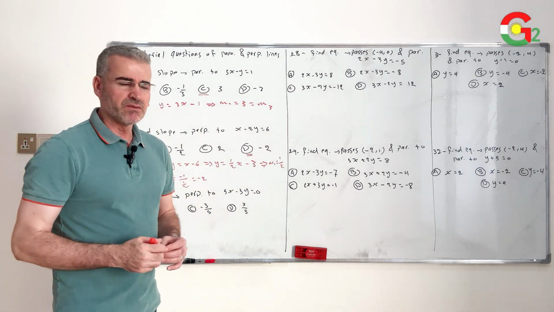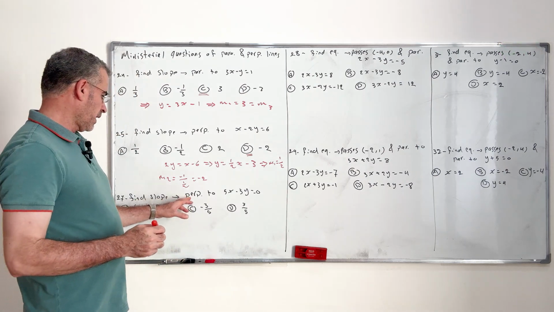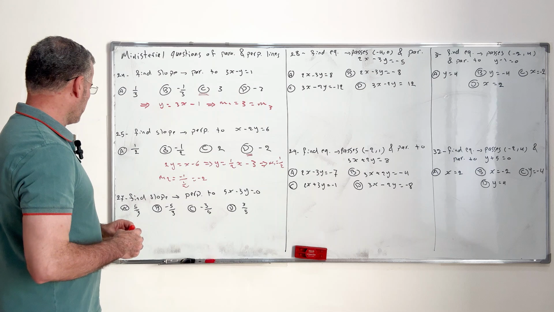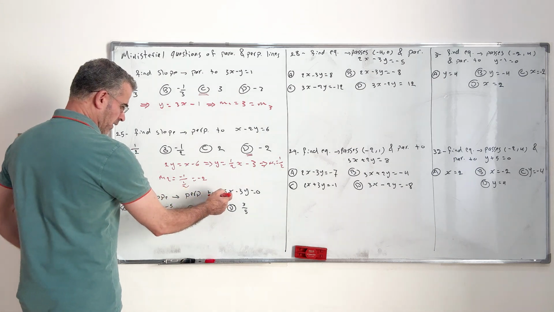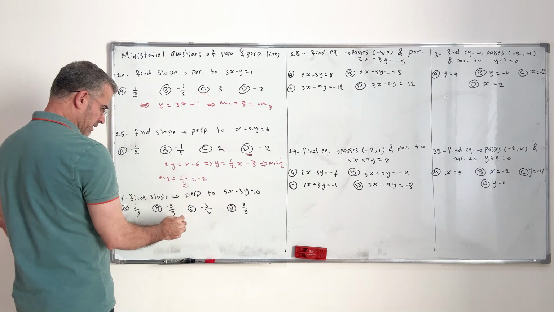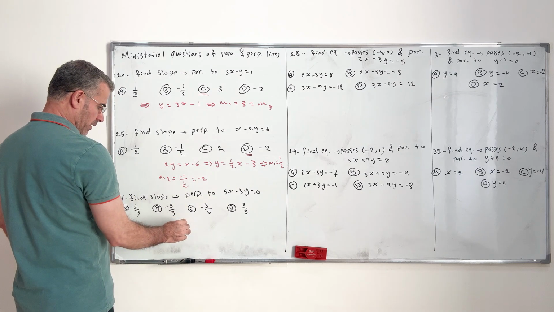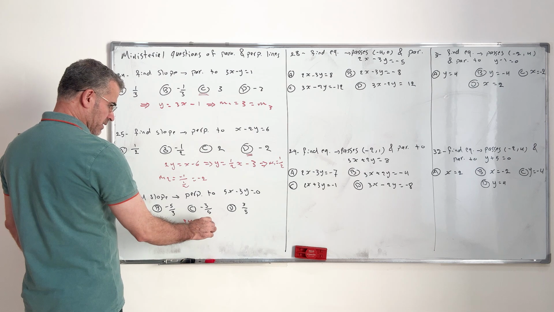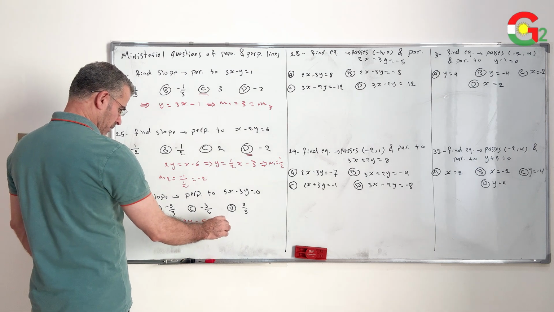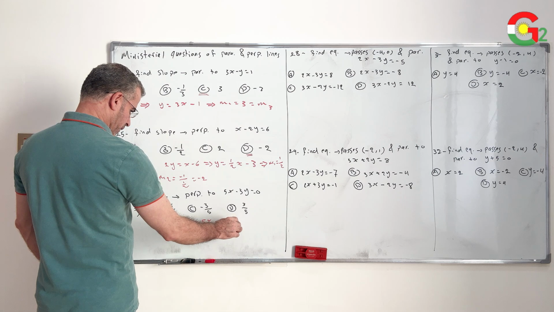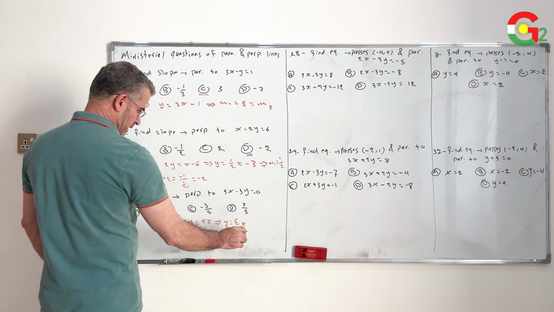Choice number D. Question number 27. Find the slope of the line perpendicular to the line, it is the same as the previous one. Perpendicular to this line, I'll find the slope of this line. Rewrite the equation. 3y equal to 5x. Then y equal to 5 over 3 x.